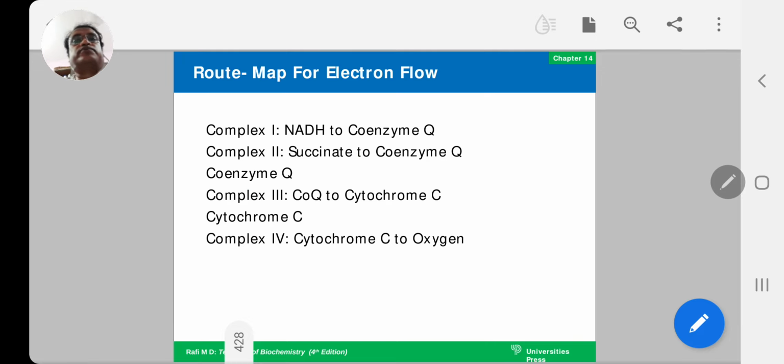Now cytochrome c, the second mobile carrier of the electron transport chain. Cytochrome c is a water-soluble protein that occurs in the intermembrane space. The single heme of cytochrome c accepts an electron from complex 3 and transfers it to complex 4.